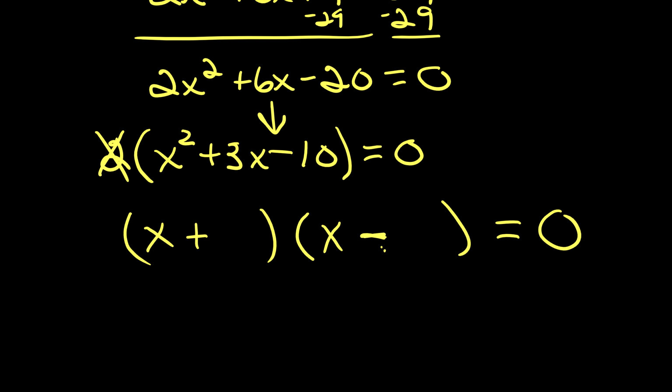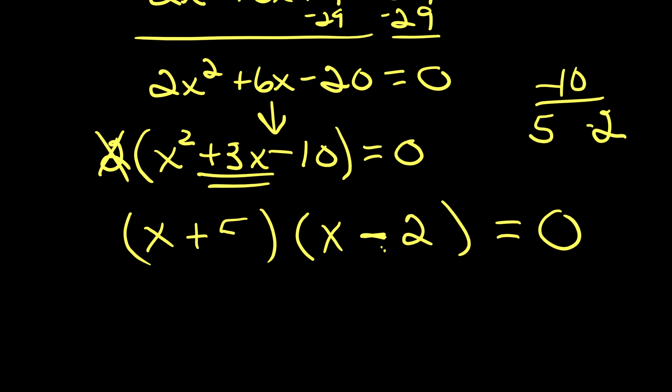Okay, my number is negative 10. I need two factors of negative 10 to add up to be positive 3. And again, that's 5 and 3. No, 5 and 2, sorry. Okay, which number is going to be negative? It's going to be the 2. So I'm going to put the 2 here and the 5 here.